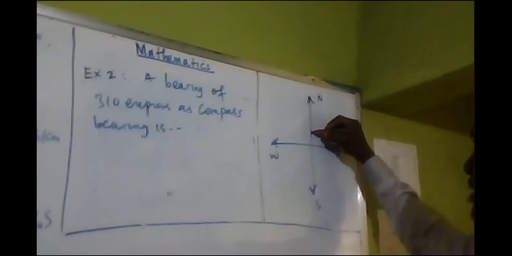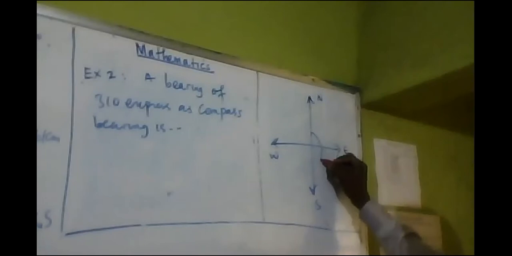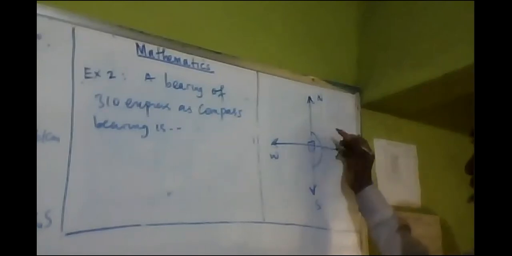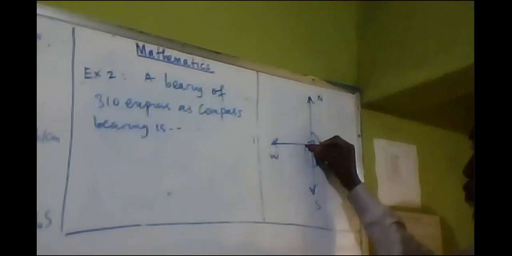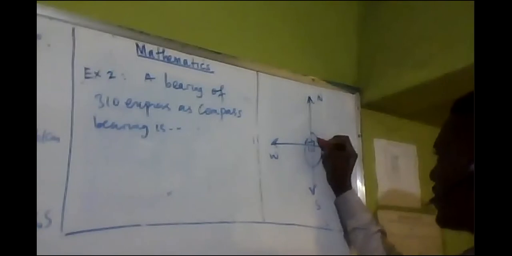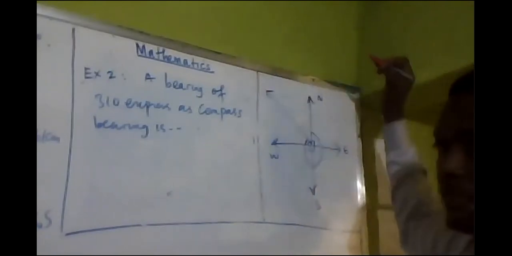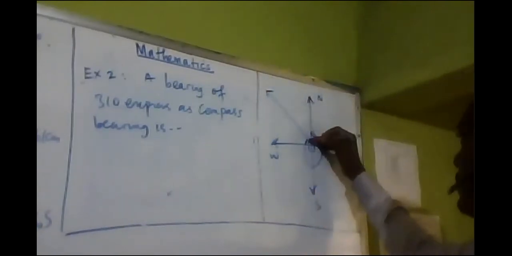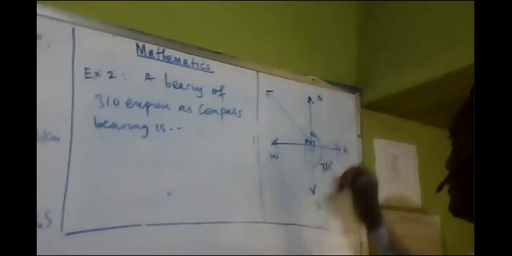Start from north in the clockwise direction. 90, 180, and this place is 270. Then 310 should be somewhere here. You draw a line to stop the movement. From this place to this place is 310 degrees.